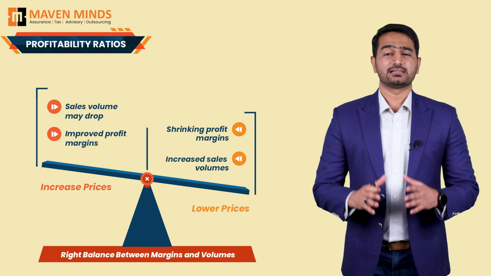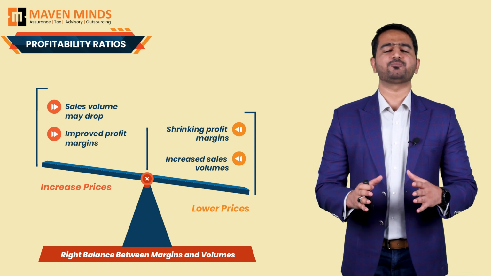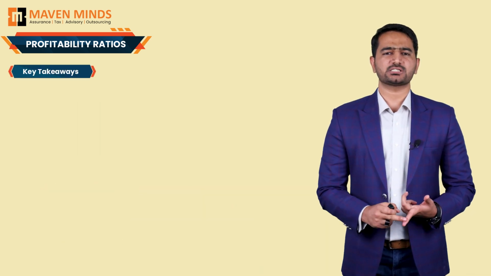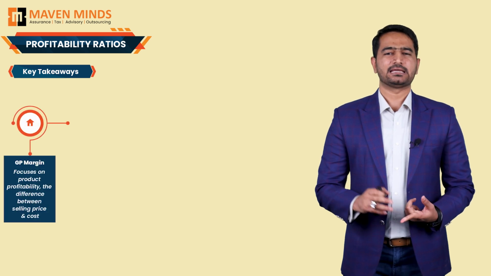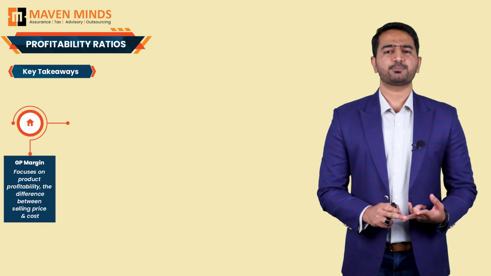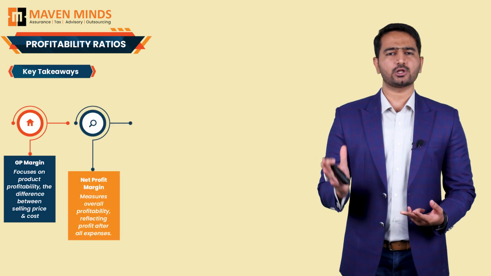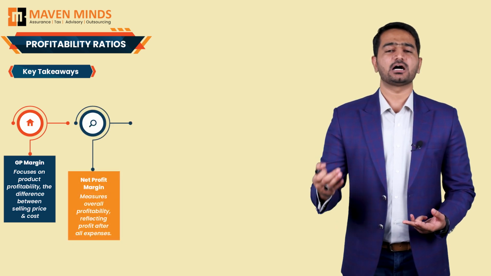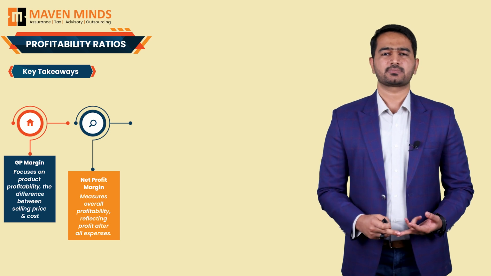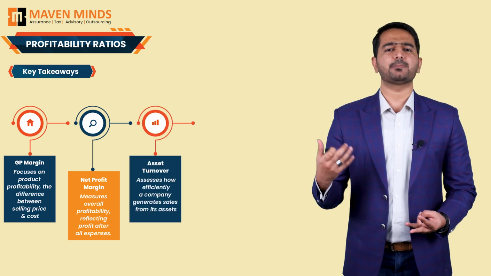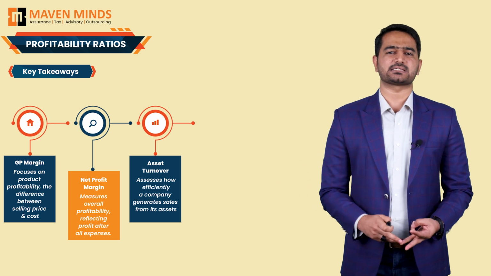Alright, my friends, let's summarize everything we have learned in this lecture. Gross profit margin focuses on product profitability, the difference between the selling price and the cost. Net profit margin measures overall profitability, reflecting how much profit remains after all the expenses. Asset turnover measures how efficiently a company generates sales from its assets.